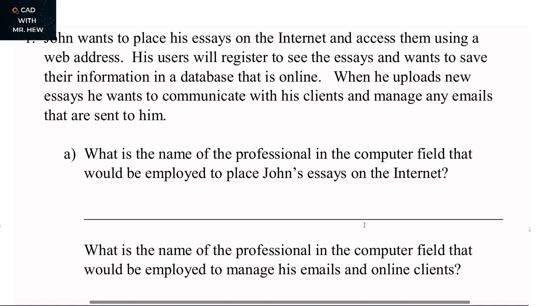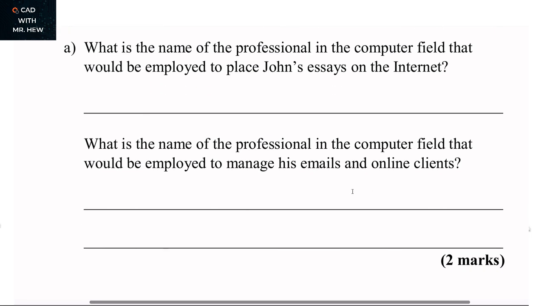Second part of question 1A reads, what is the name of the professional in the computer field that would be employed to manage his emails and online clients? And you would write your answer on these 2 lines, and question 1A is worth 2 marks.